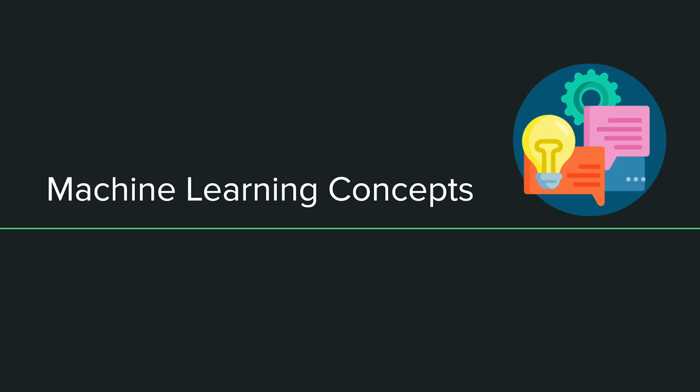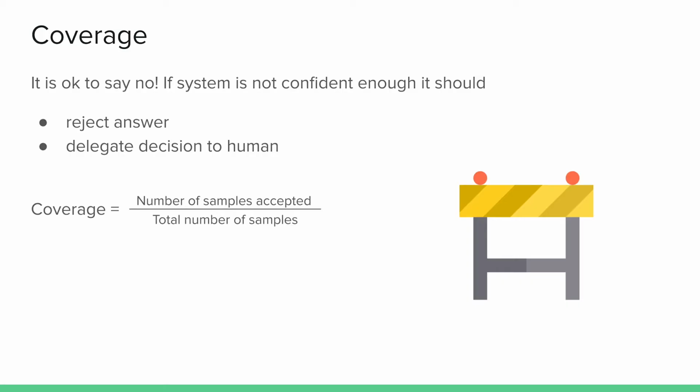Okay, now to some new ground that we want to cover this week. First, let's talk about a few machine learning concepts that will affect your practical work quite significantly. And the first thing is called coverage. So coverage means that it is okay to say no, and we all should be aware that sometimes the neural network will be uncertain of the decision.